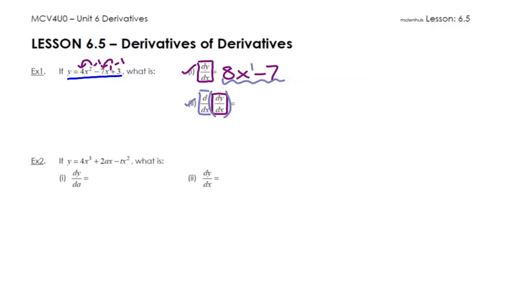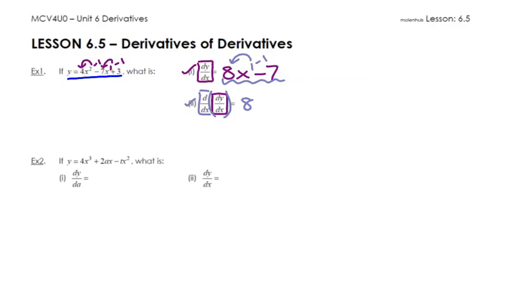This has a power of 1, so let's just apply the power rule. 1 times 8 is going to give us 8. Then you subtract 1 from the exponent, which means x to the power of 0, and my x disappears. Taking the derivative of the -7, you just get a 0. So my second derivative is just 8.